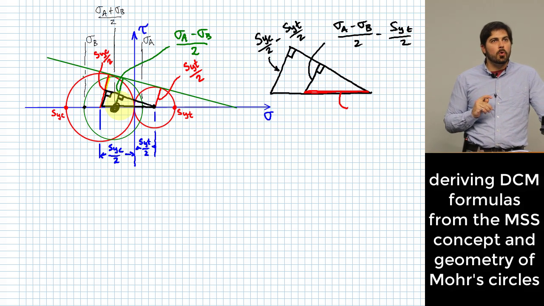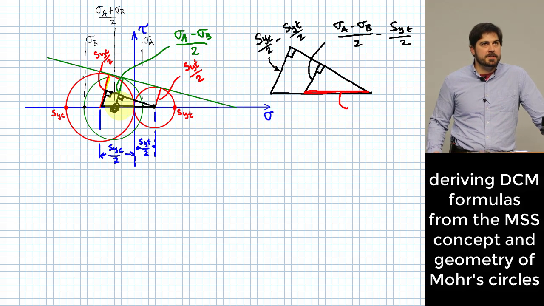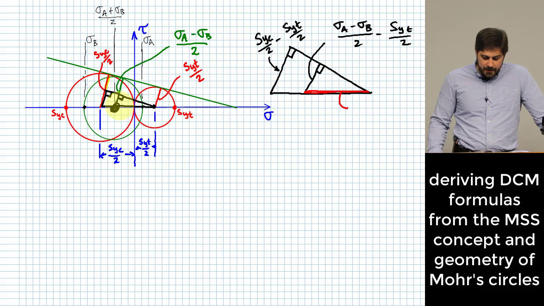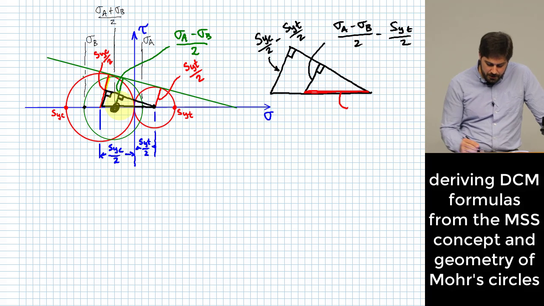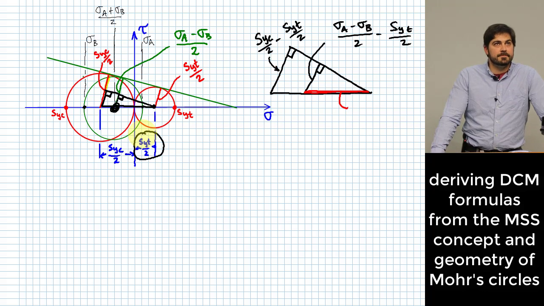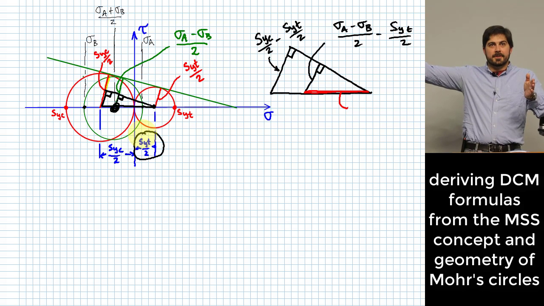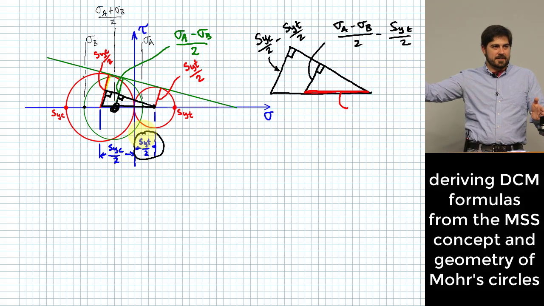Is that coordinate where I have it drawn right here going to be a positive value or negative? Okay, it'll be a negative value. If it's a negative value, then how do I take it along with S sub yt over 2 that I have here to figure out what that length is? Okay, it's kind of adding together, but it's a negative number, right? The more negative it is, the more that length grows. So I don't actually add, I need to subtract, right?